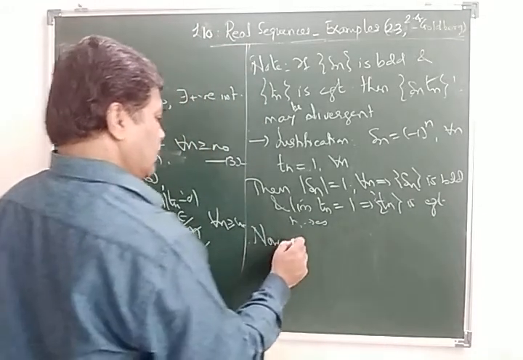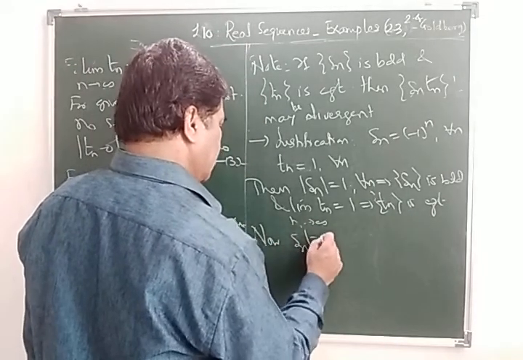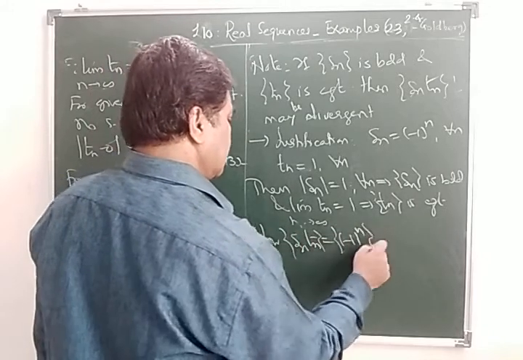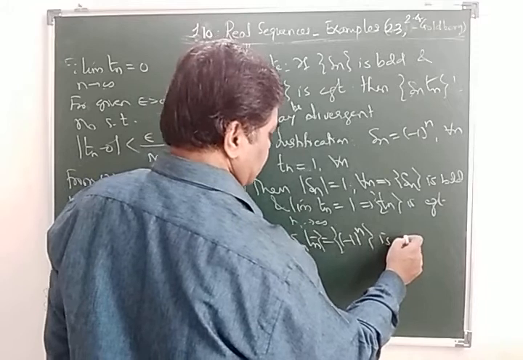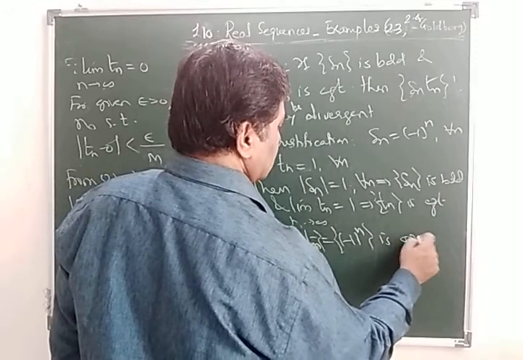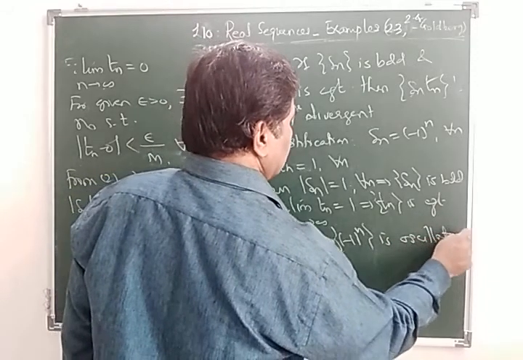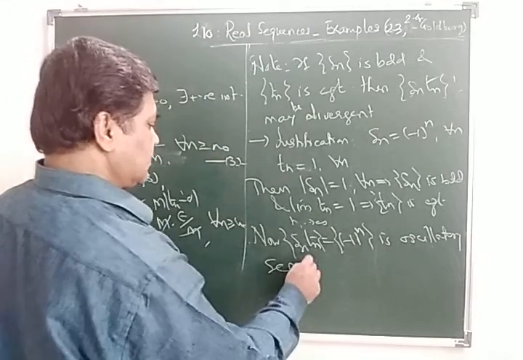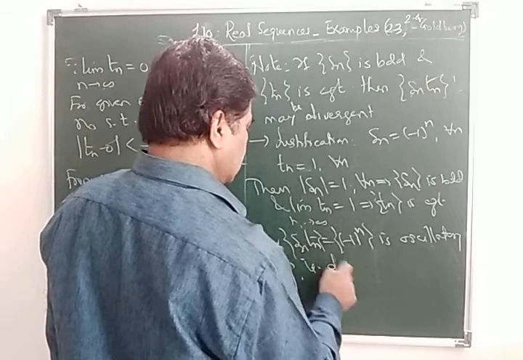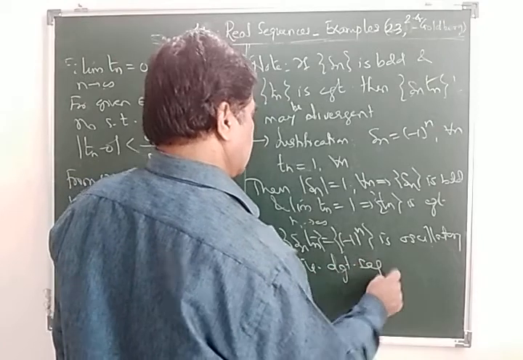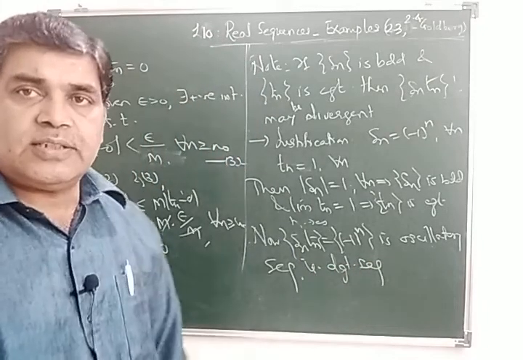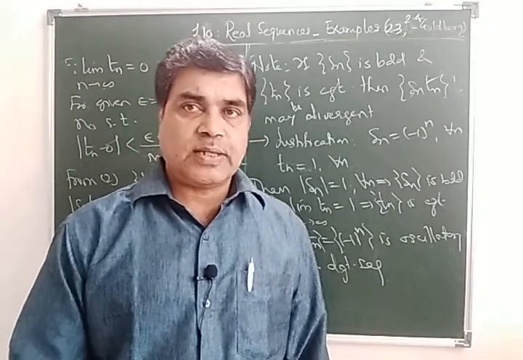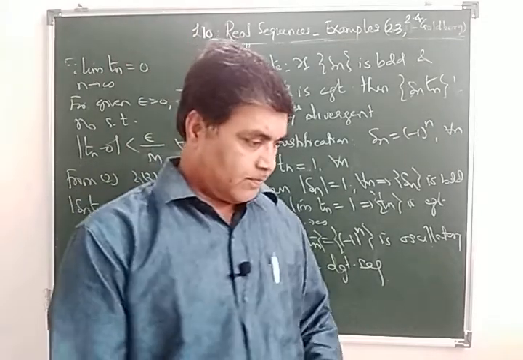Now Sn, which is just minus 1 raised to n, is divergent, an oscillatory sequence. That is a divergent sequence. In divergent sequences, we have studied three types: sequences diverging to plus infinity, diverging to minus infinity, and oscillatory.